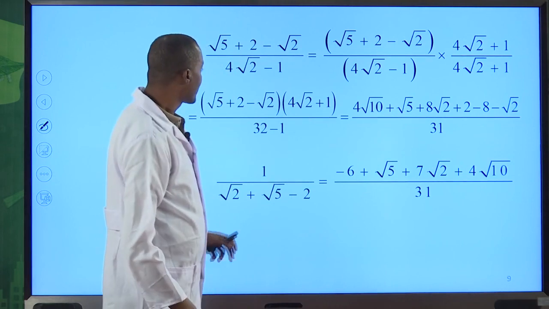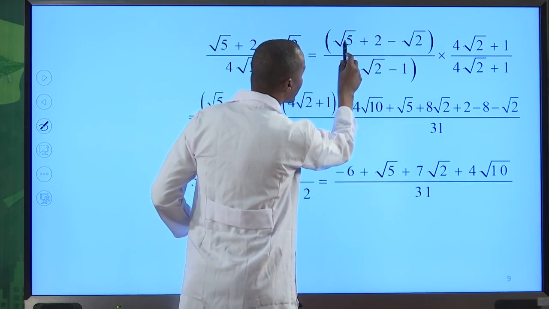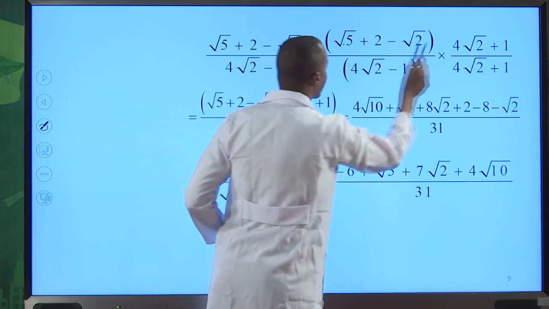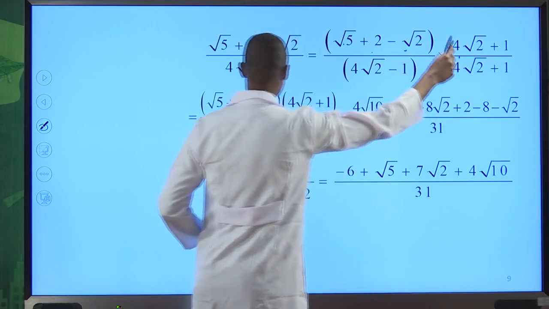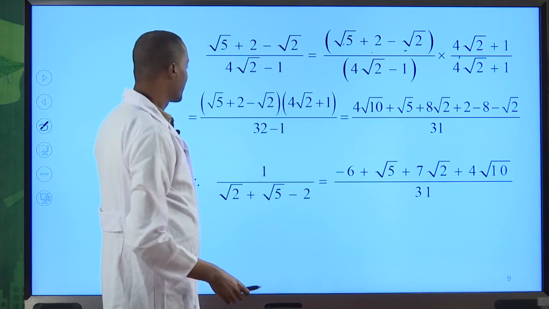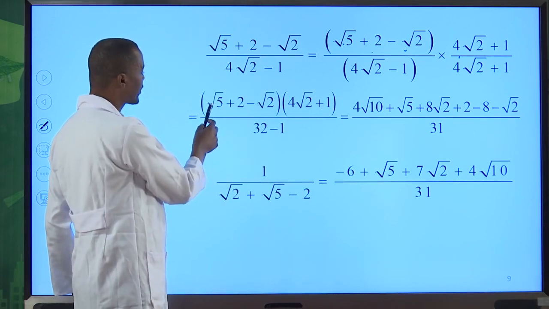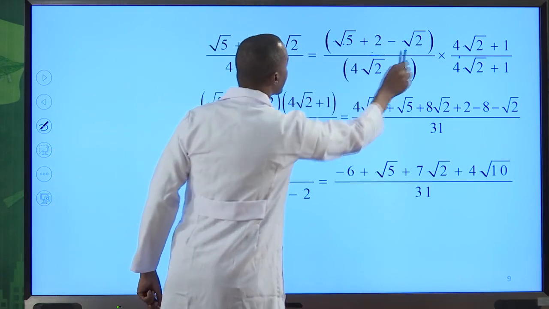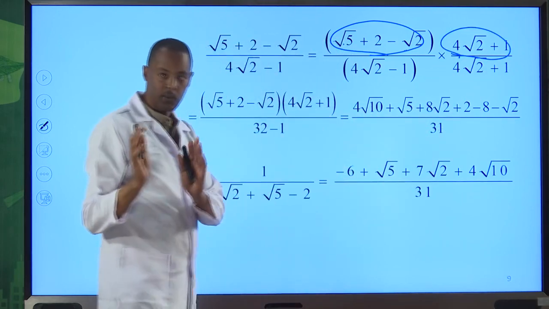And then we multiply term by term: root 5 by 4 root 2, root 5 by 1, 2 by 4 root 2, and minus root 2 by 1, term by term. And then what happens is, for the numerator part, I will get root 5 plus 2 minus root 2, which is this part, multiplied by the other part, which is 4 root 2 plus 1.